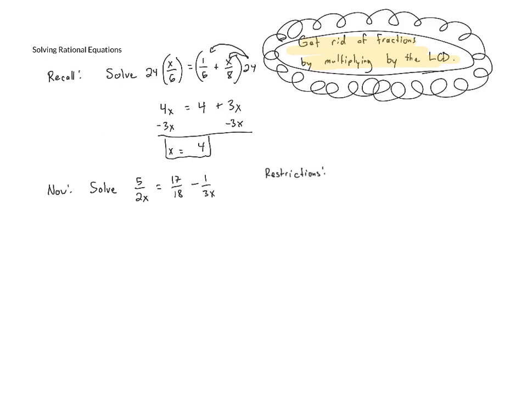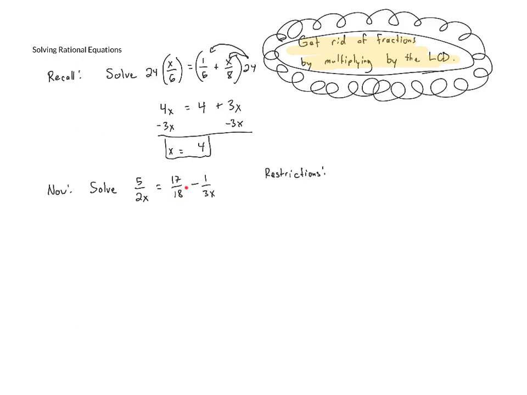This is something that we've never seen before. And the reason we've got something new is because for the first time, we are solving equations where there are variables in the denominator. And there's an important thing that we have to keep in mind. We know that we're never allowed to divide by 0. So what that means is we can't have any denominators that are equal to 0.